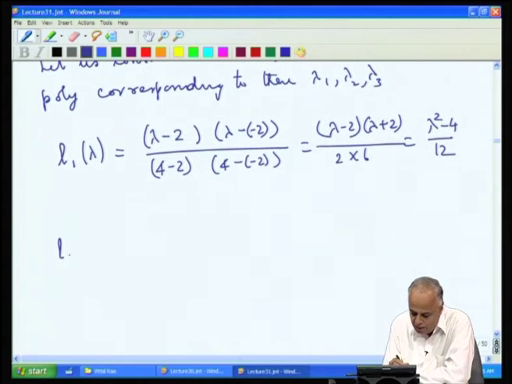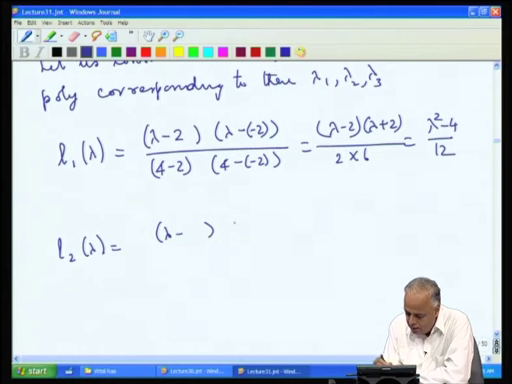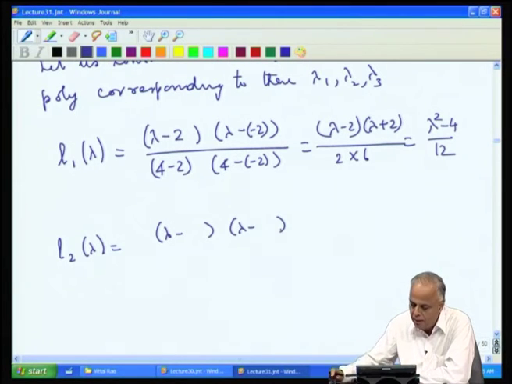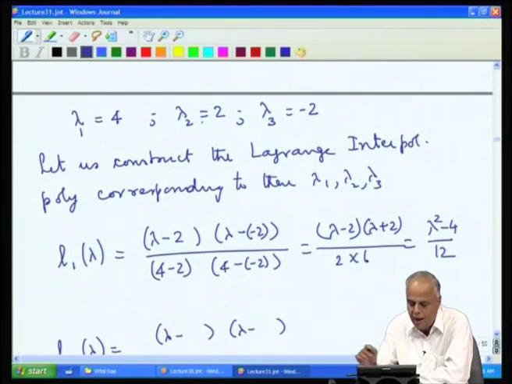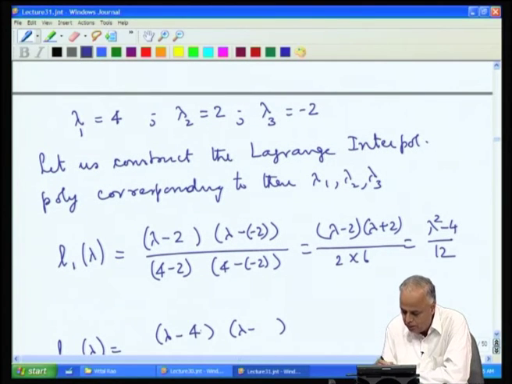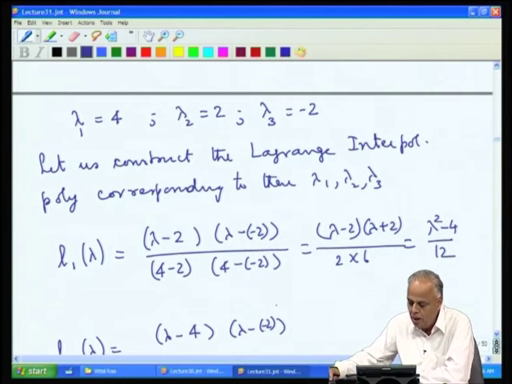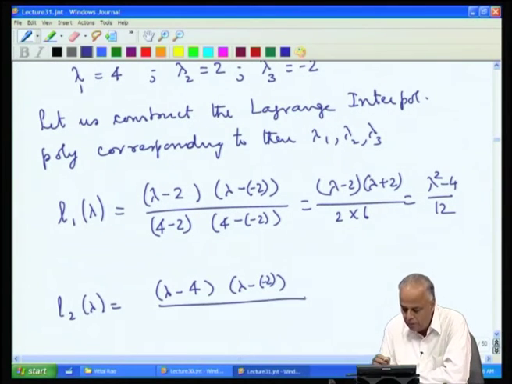The second Lagrange polynomial is again you write lambda minus, and then you skip the second eigenvalue and put the remaining two eigenvalues. And then in the denominator write the numerator with the lambda replaced by the second eigenvalue. The second eigenvalue is 2.